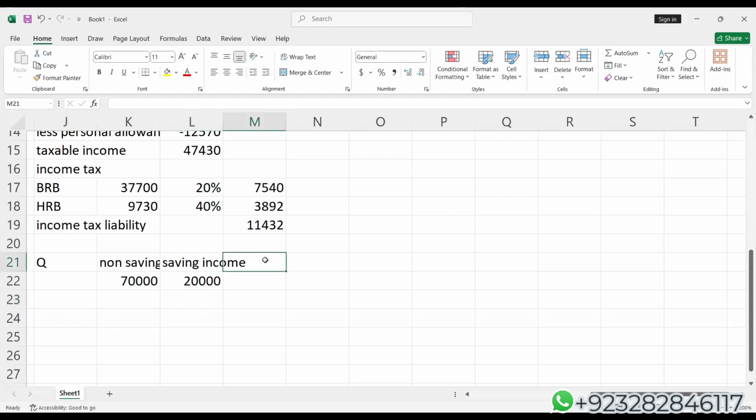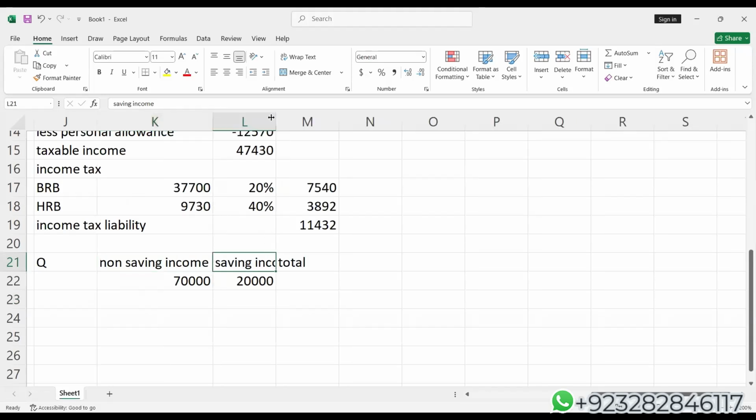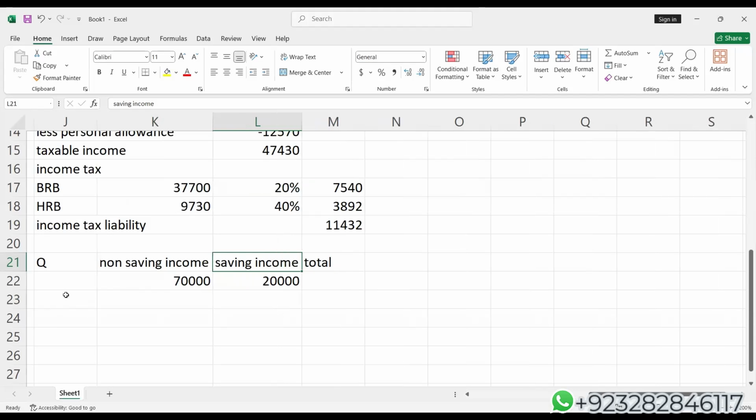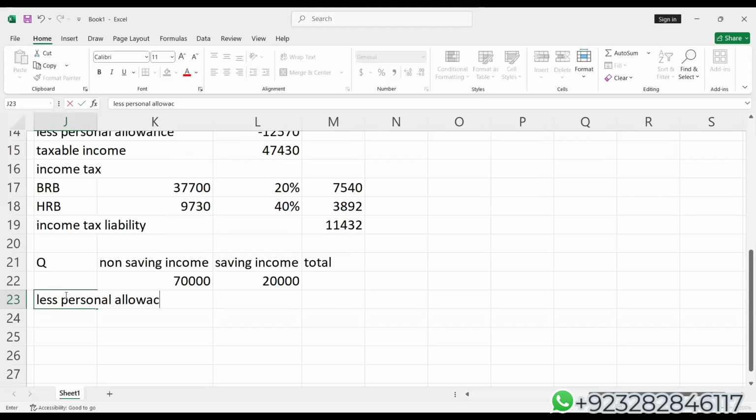Okay, I'm solving it also. Another column is total. First we deduct the personal allowance from the non-saving income. Less personal allowance, 12,570.